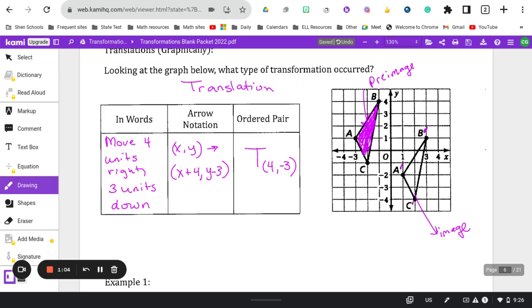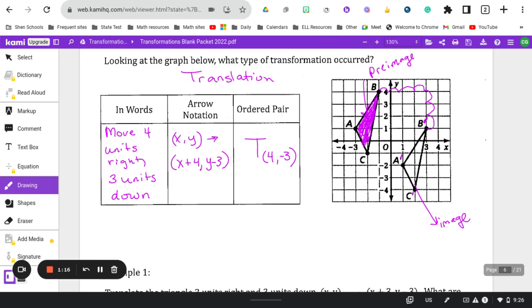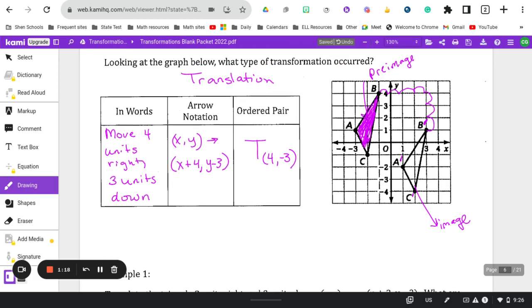And that lets us know it started out as the pre-image and then it moved 4 units to the right, 1, 2, 3, 4, and 3 units down, 1, 2, 3. So if you weren't here on the last class on Friday, that's what we're doing, moving 4 units right and 3 units down. And we said there's a couple other ways to write this with arrow notation.